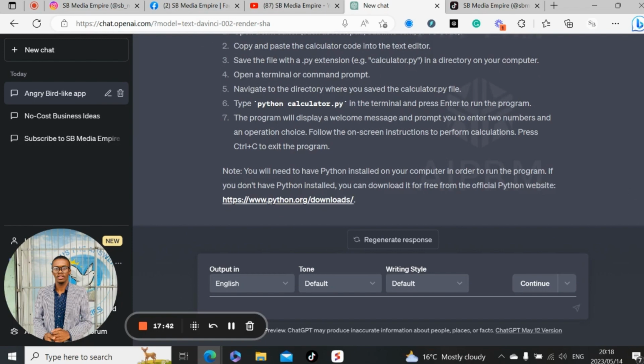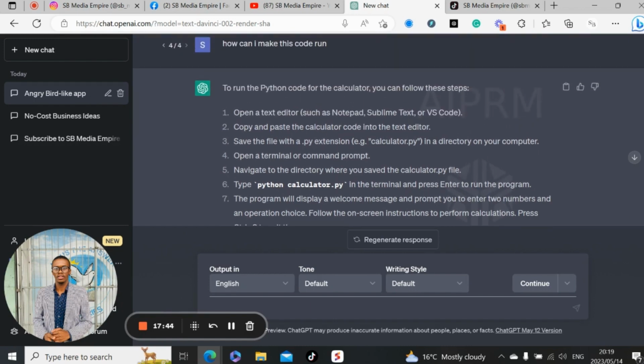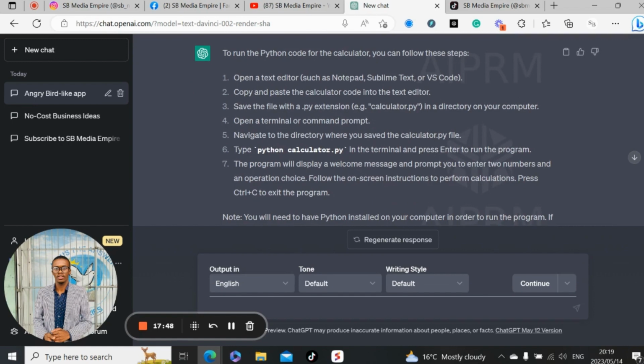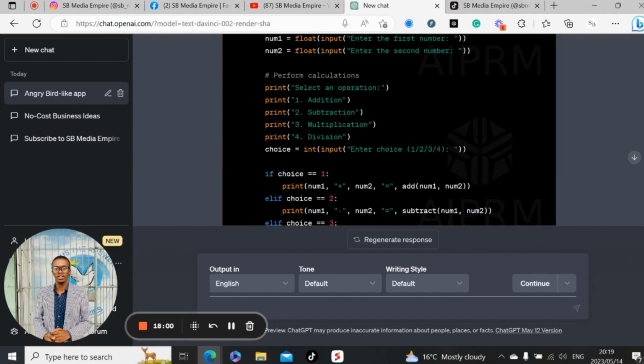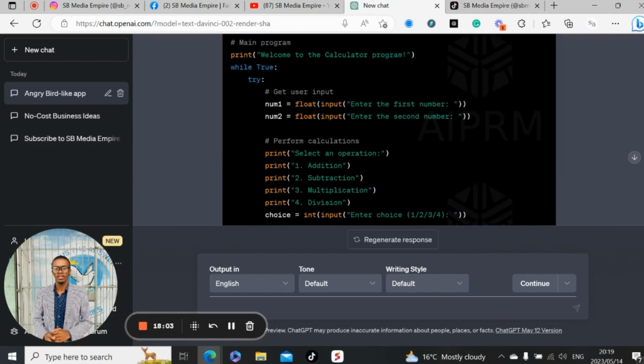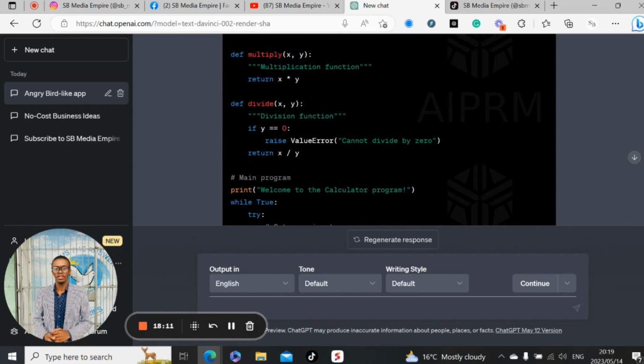It's giving you everything on how you can run the Python code for the calculator. Look at that. So if you are a person that codes, or someone looking to create their own calculator to see how things go with coding, now you can do that.